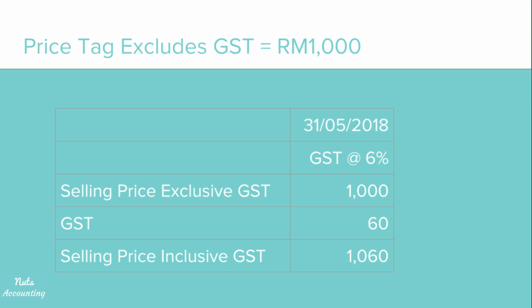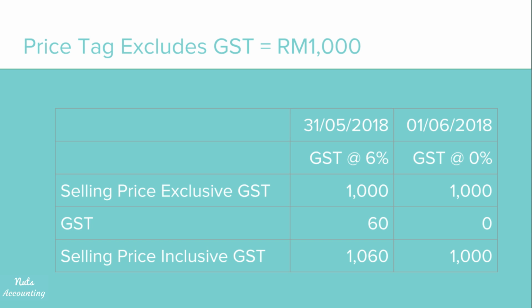So you will need to ask your customer to pay you 1,060 ringgit during the GST 6% era. So what happens after 1st June 2018? The GST will now be 0%. So if your selling price is 1,000 ringgit, then there's no longer GST, so you will need to collect from your customer 1,000 ringgit as well.